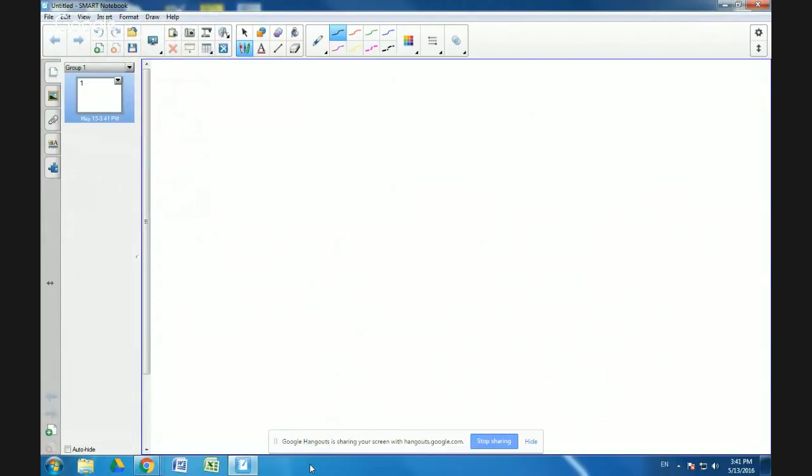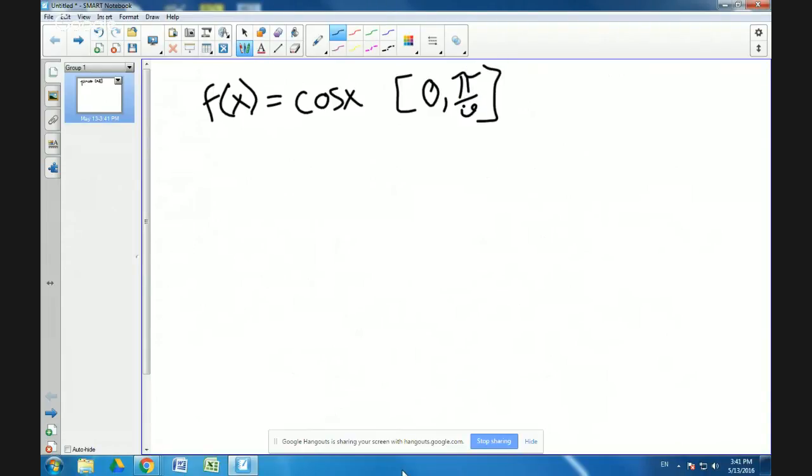Okay. For our first example, we're going to start off a little easy. It's just going to be f of x equals cosine x on the interval from 0 to pi over 6. So we want to find the average value of cosine x on the interval from 0 to pi over 6.